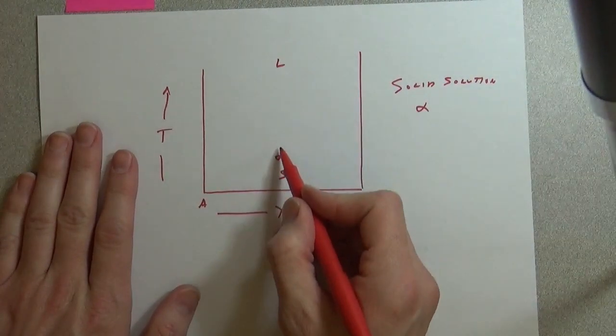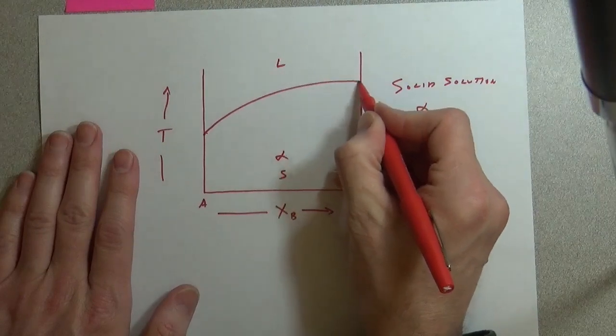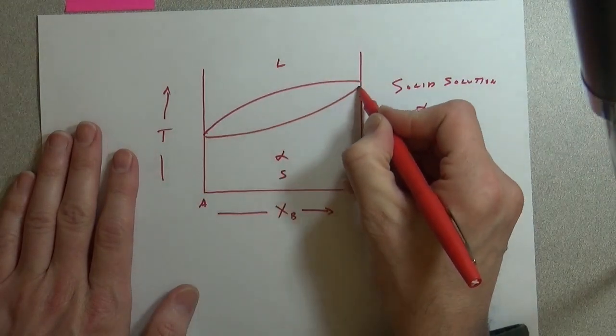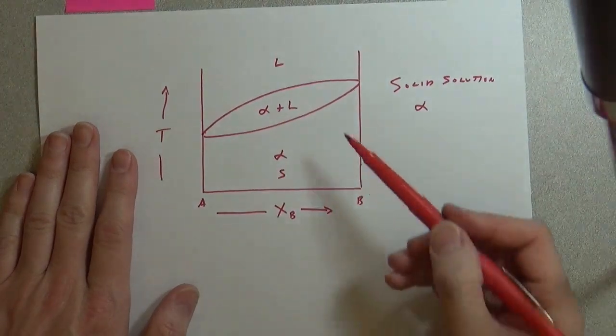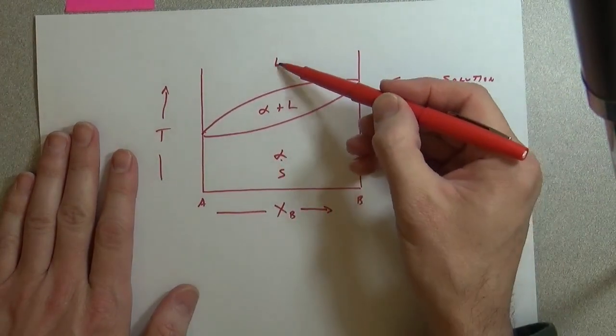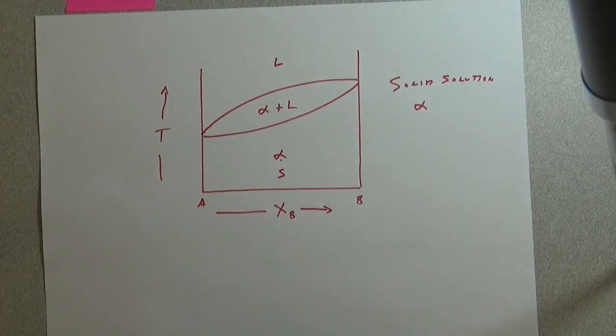And then somewhere between these two, we're going to have something like this. Gives us alpha plus liquid. So we get alpha, we get liquid, and then an alpha plus liquid region. This is something that is important to know about binary phase diagrams.